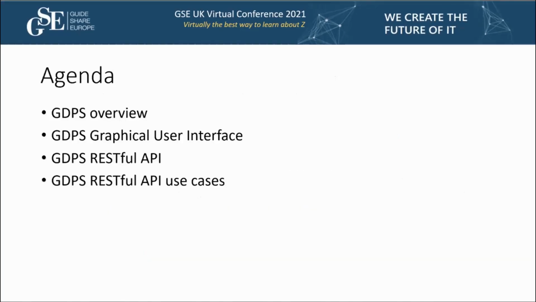So first, before going into much detail, I am going to give you a brief overview of the GDPS product family and see what functions it offers and what problem it addresses. Then we're going to have a look at the existing interfaces allowed to operate GDPS. And more particularly in this session, we are going to have a look at the graphical user interface and the RESTful API.